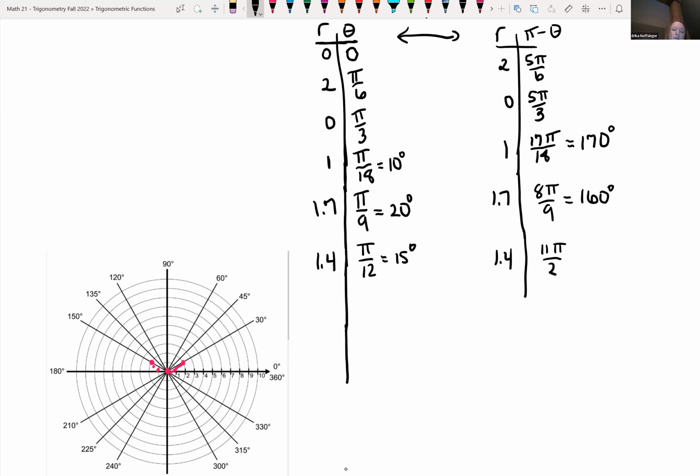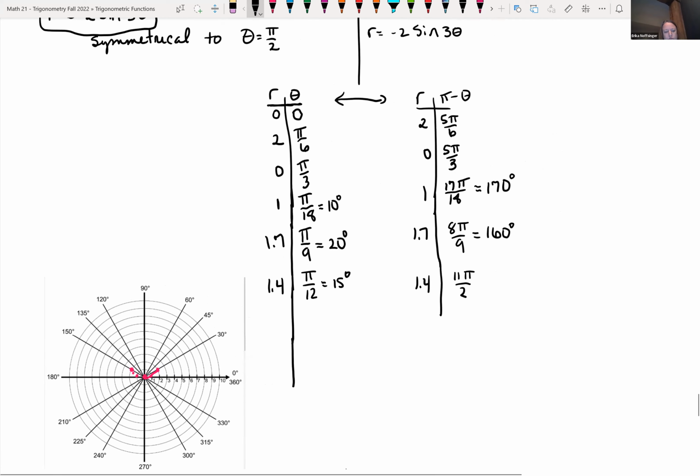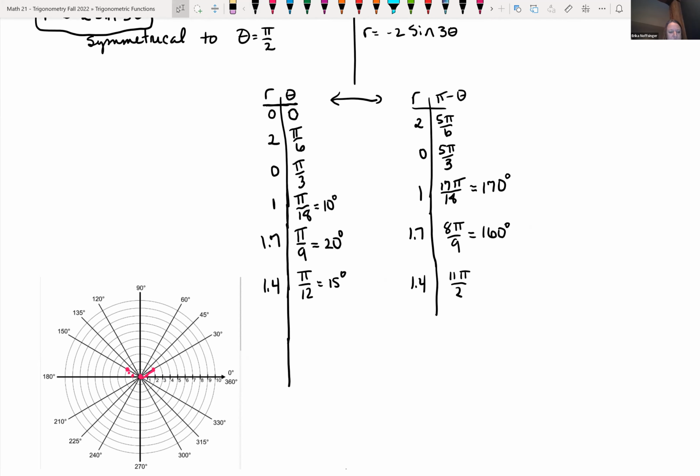I know it's what it's supposed to look like. It's just getting it there.